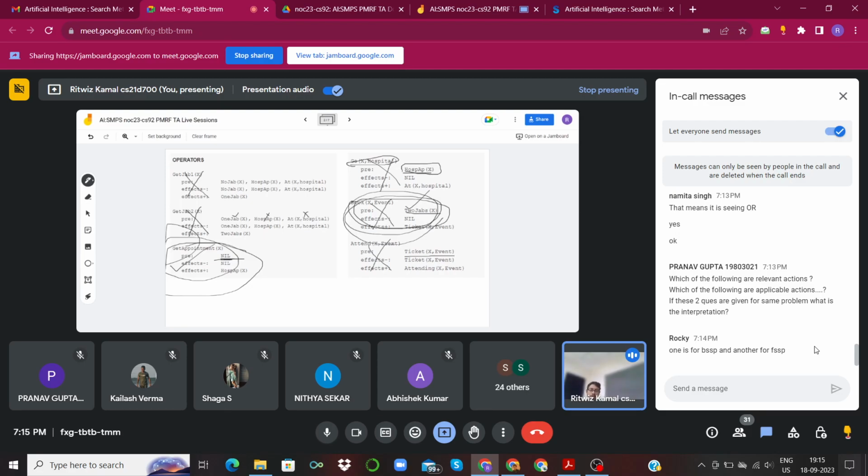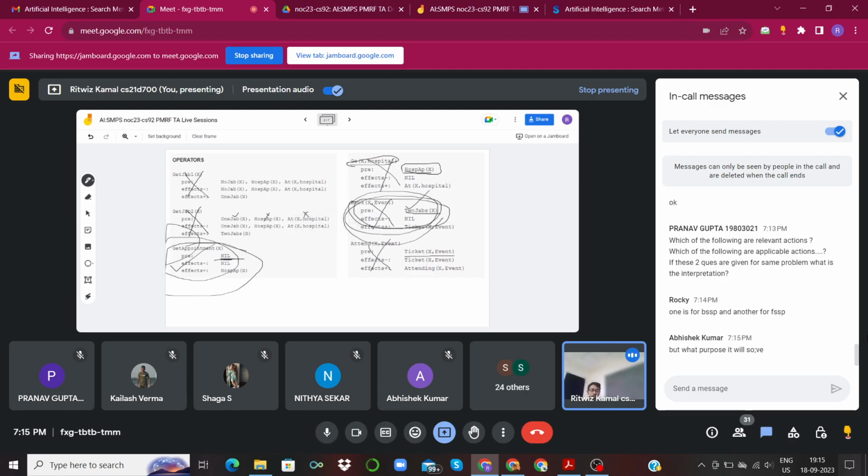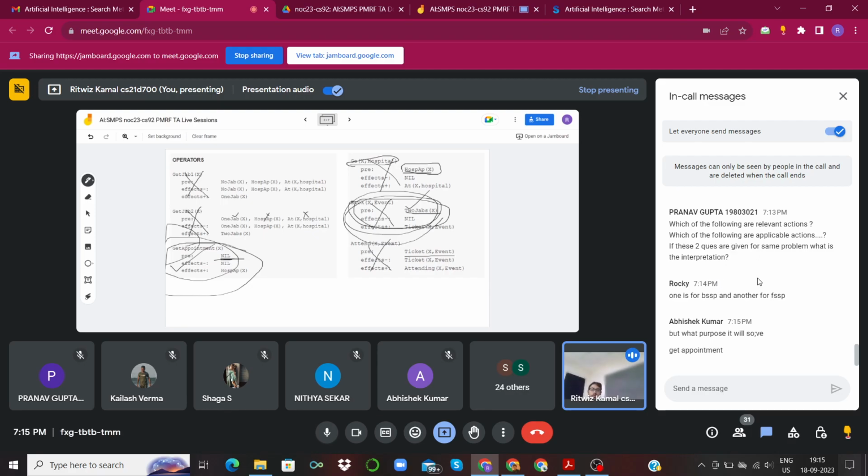Okay, now let's move on to the next algorithm. But what purpose will it solve? It will not necessarily solve a purpose. The question basically asks what operators could be applied as the first operator in the plan for Amol.